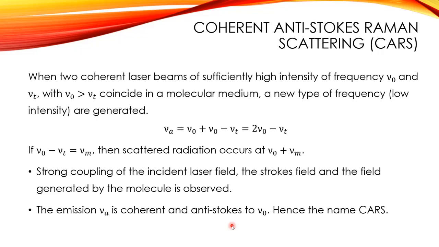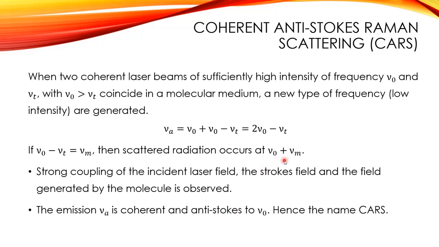This new frequency is given by nu-a equals nu0 plus nu0 minus nu-t, that is, 2 nu0 minus nu-t. If we adjust the probe such that nu0 minus nu-t becomes almost equal to the vibrational or rotational states nu-m of the molecule, then the scattered radiation occurs at nu0 plus nu-m, that is, we get an anti-Stokes line.